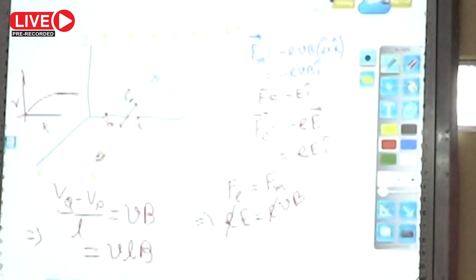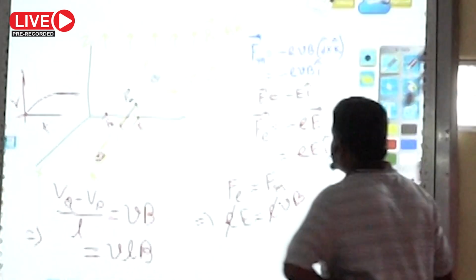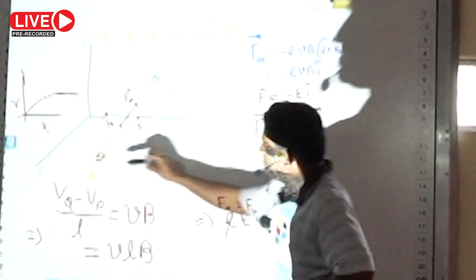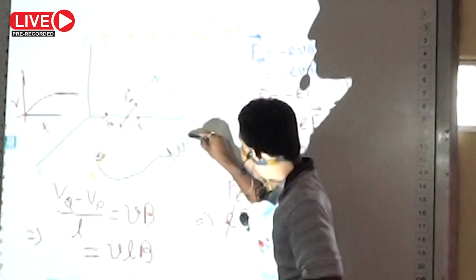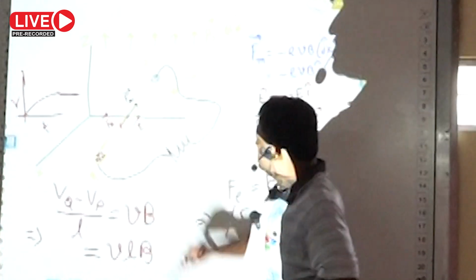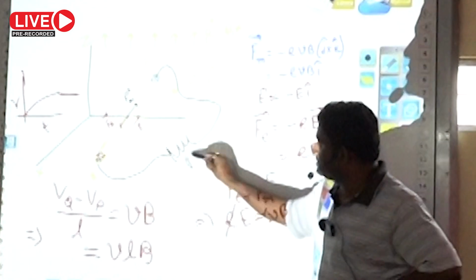Now, what is Vq minus Vp called? It is the potential difference between the two terminals of the rod. In which condition? Is there any connection like this?